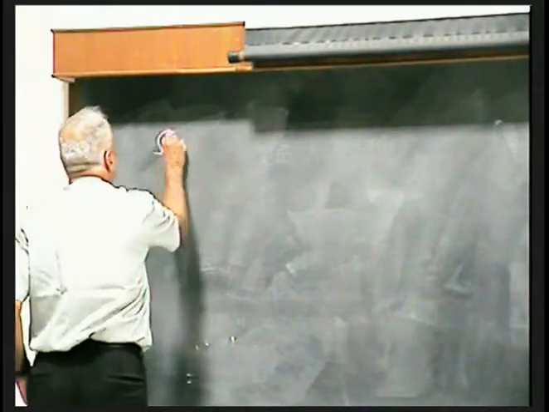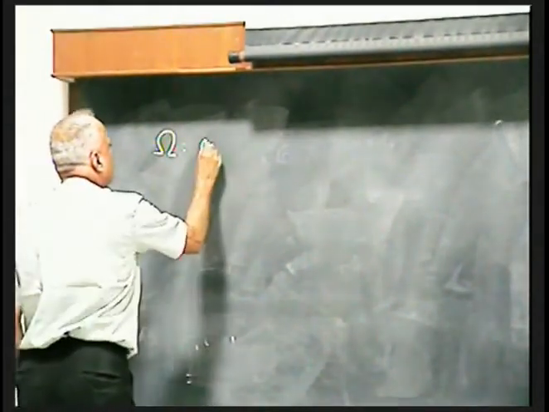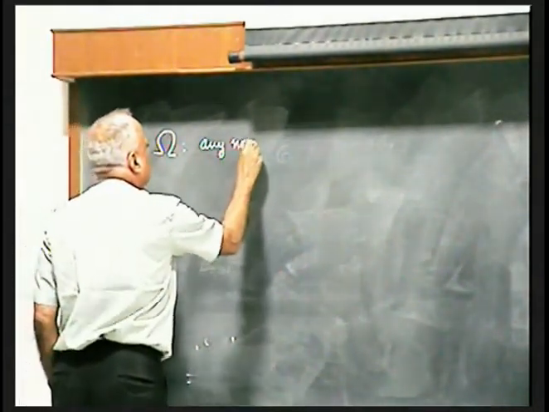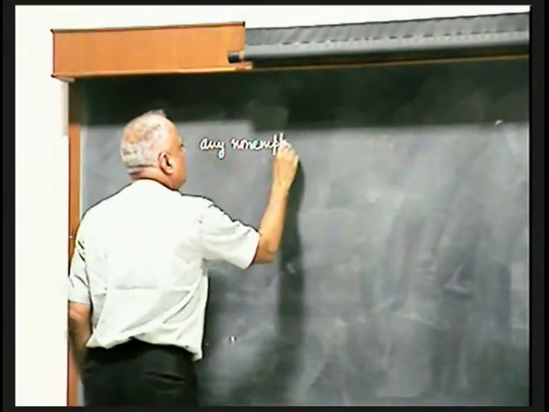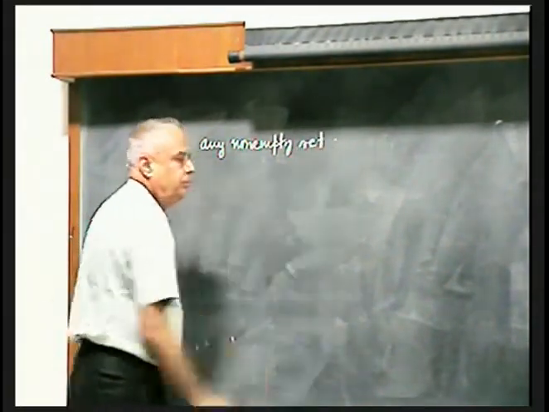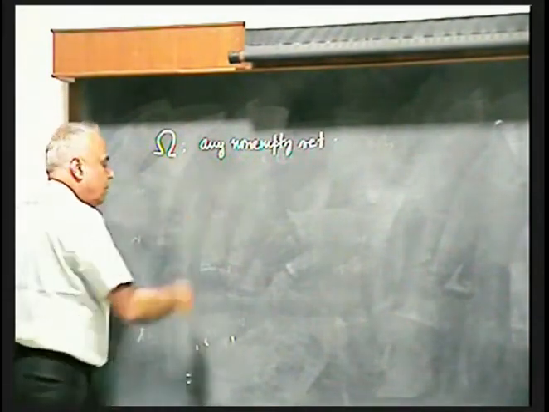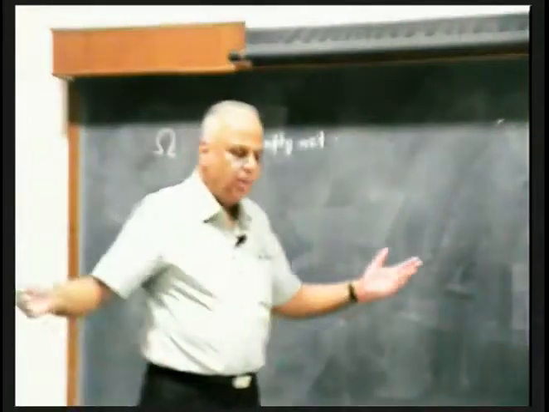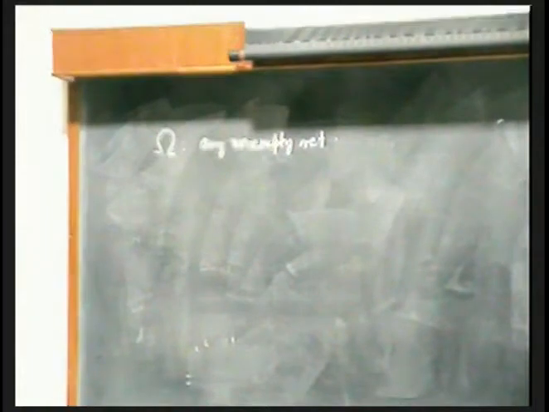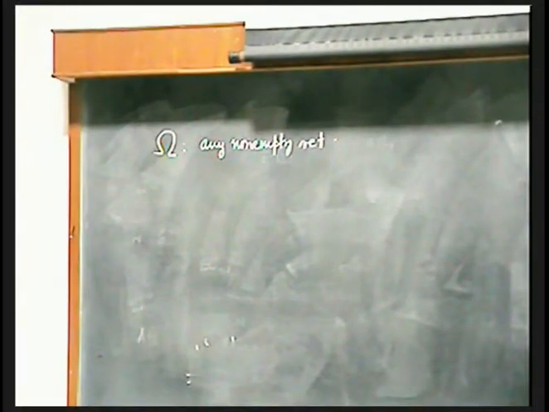So suppose I have a set omega, any non-empty set. Of course, I may or may not be interested in all the subsets of omega. I may be interested only in certain subsets of omega.